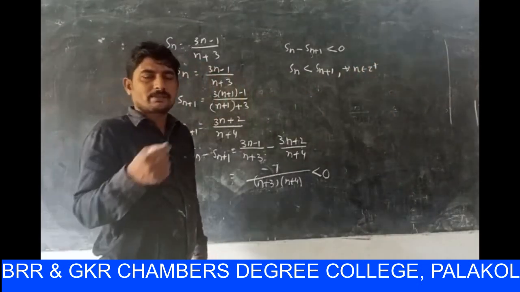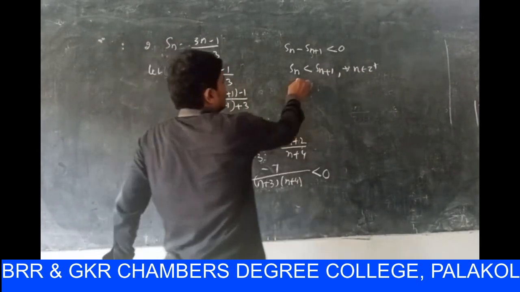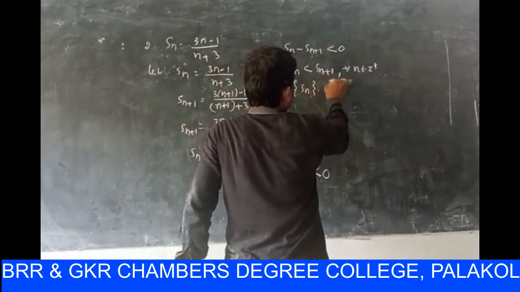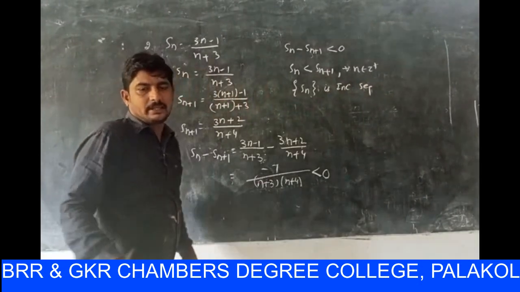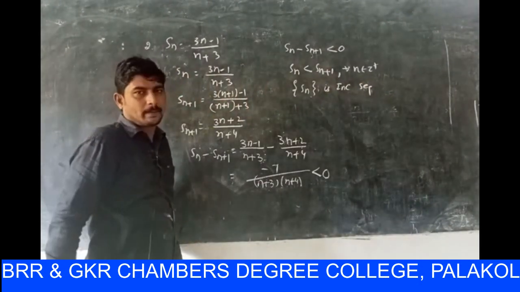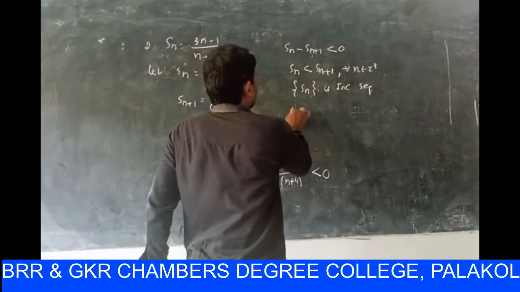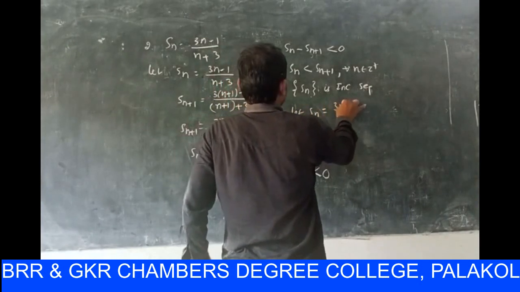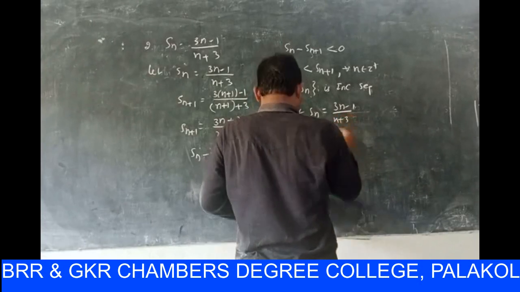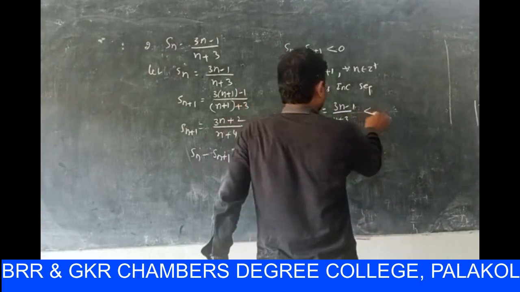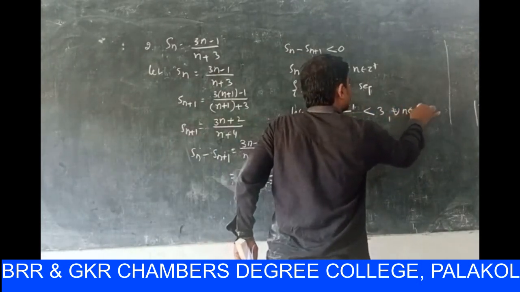Sn less than Sn plus 1 means, as per the definition, that the sequence is increasing. So we verified that the given sequence Sn is an increasing sequence. Now we show that it is bounded. We test whether it is bounded below or bounded above. Consider Sn equal to (3n minus 1)/(n plus 3). This entire value is less than 3 for any value of n, for all n belongs to Z plus.